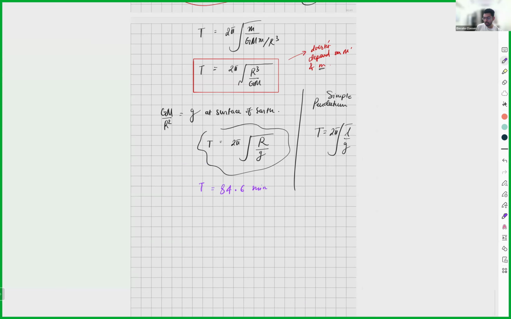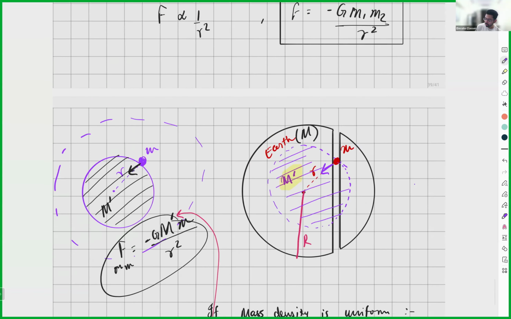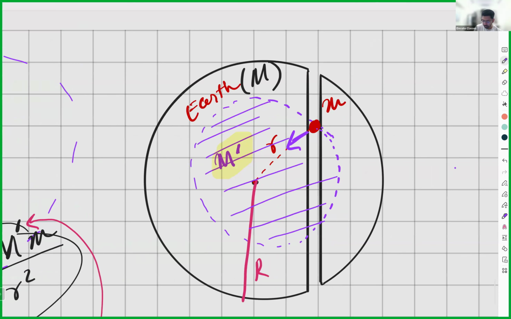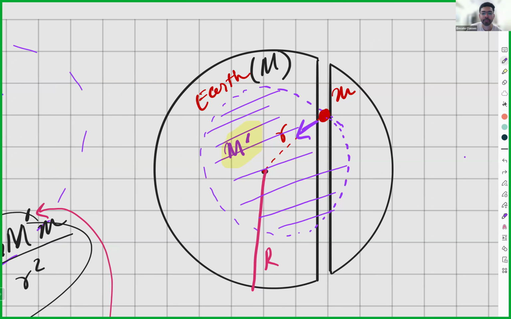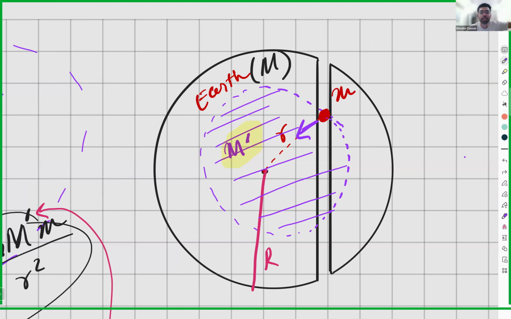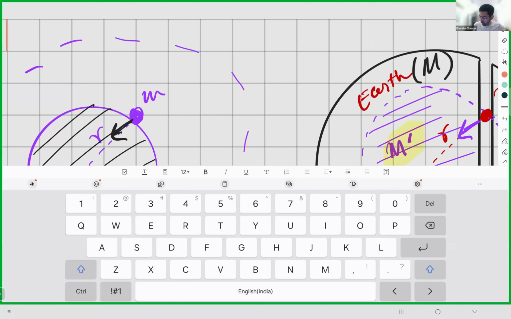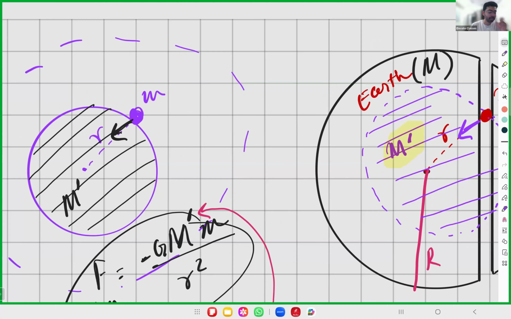So what I was saying was that experiments have been there where you have a chord passing through the Earth, right? So is it possible that the mass will oscillate in an SHM? The answer is actually no, because there will be dissipative forces which will be larger as compared to the net gravitational force.